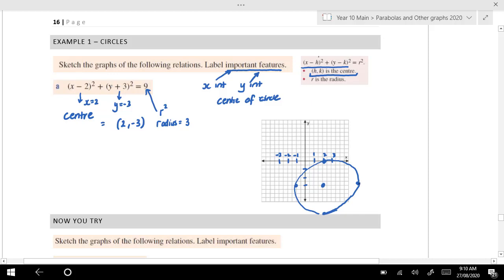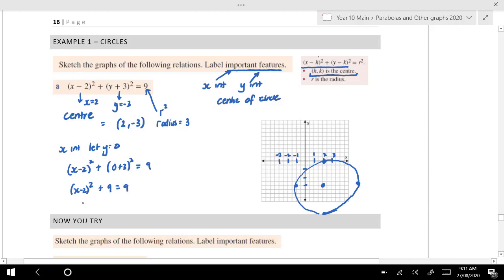Now that's what our graph's going to look like, but now let's go ahead and find what our x and our y intercepts are. I'm doing it by hand. So the x-intercept is where y equals 0, the common theme that we've been doing for everything. Let's sub that in. We've got x minus 2 squared plus, well, y is 0, so it's 0 plus 3 squared, and that's equal to 9. 3 squared is 9, so we've got x minus 2 squared plus 9 is equal to 9.